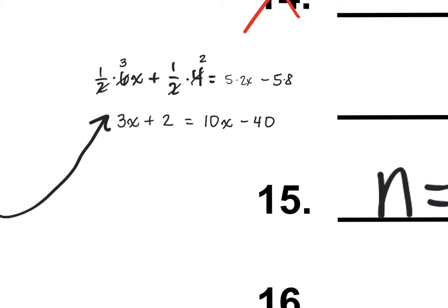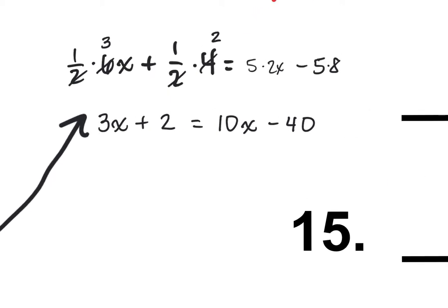Okay, so now look to both sides, see if you can combine anything. My x's are on different sides, and my 2 and my negative 40 are on different sides, okay? Now let's go with what I told you before. I said I want to subtract something that will keep my x term positive. So in this case, I'm going to subtract 3x from both sides. That way I keep my x term positive.